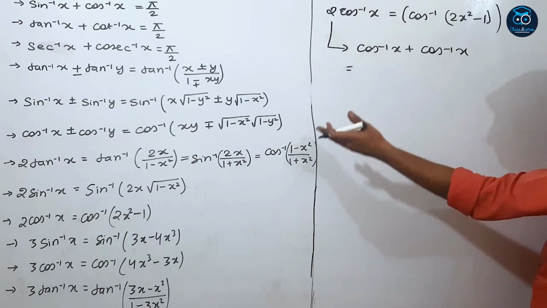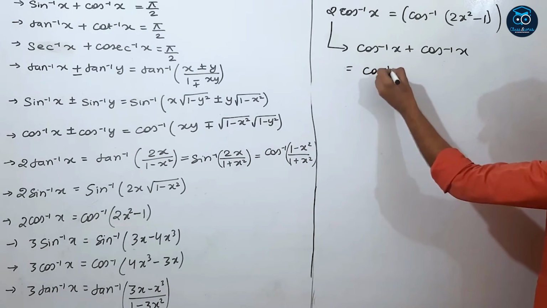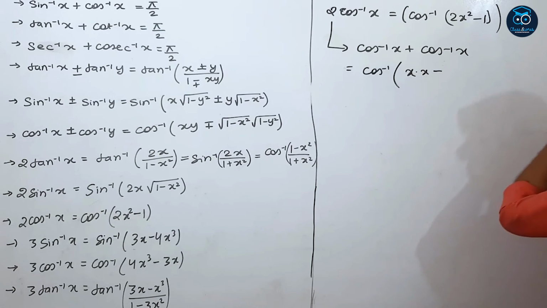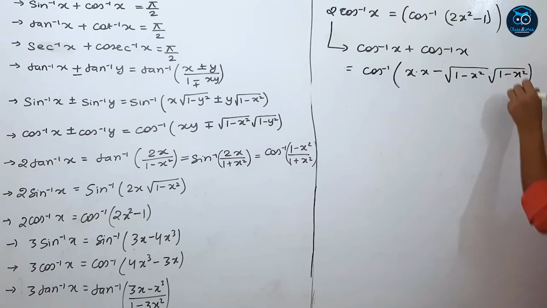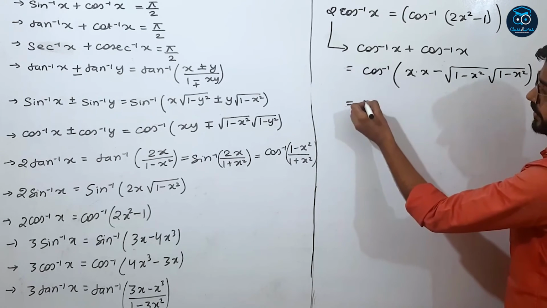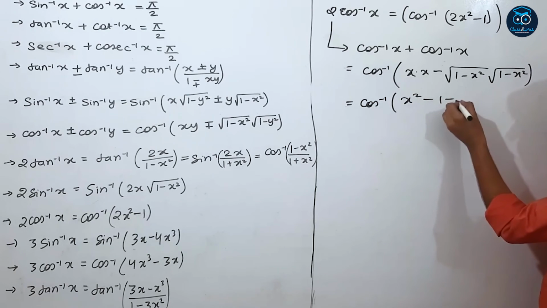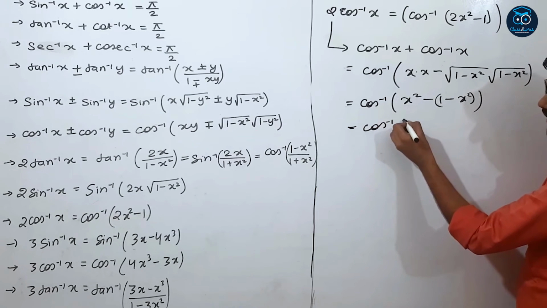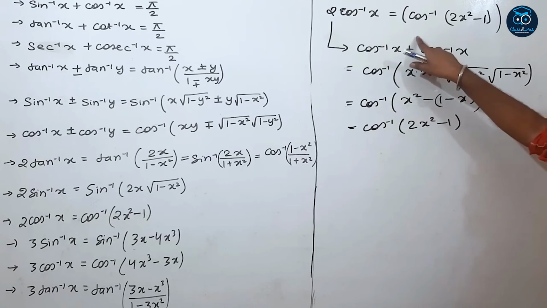We can use the identity cos inverse x plus cos inverse y, and we get cos inverse of xy minus square root of 1 minus x square into 1 minus y square. Here x and y both are x. So we can simplify and get x square minus 1 minus x square. If we simplify this, we get 2x square minus 1. That is what we want.